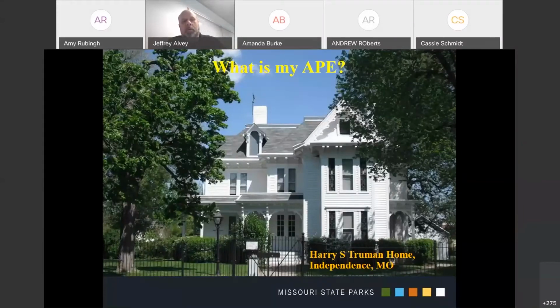And so you would have to determine whether there were historic properties within that area whose view would be detracted by the presence of this tower. That's one example of indirect effects, and talking about indirect effects, suddenly your APE is expanding well beyond the immediate footprint of that project where those direct effects are going to happen.